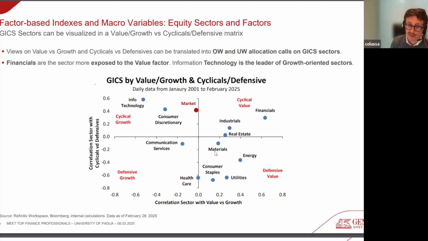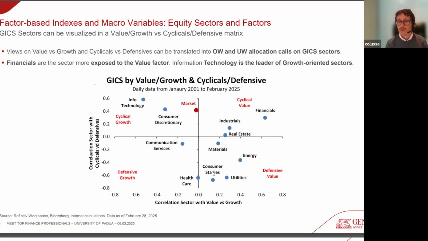Materials is a bit in the middle of nowhere. It's cyclical, but not enough compared to information technology. It is for sure less defensive than the ones I mentioned. It is decently value in the sense that when you have an increase in interest rates, it's usually because you have elevated inflation, and elevated inflation usually comes also with higher commodity prices like oil for energy, or copper, industrial metals, gold for materials.